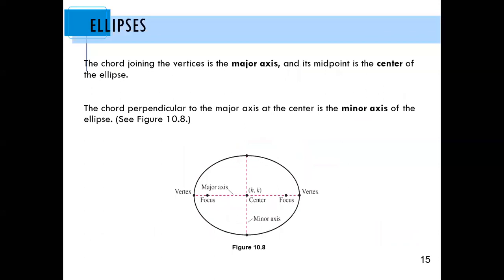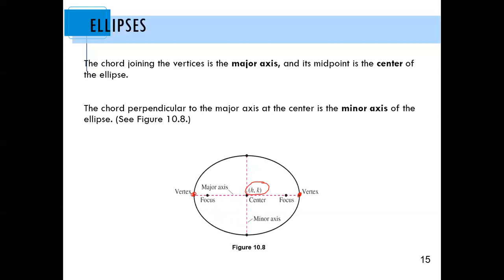Moving on. The chord joining the vertices, remember the vertices are the points on the ends here, is called the major axis. If you take the midpoint of the major axis, that is the center of the ellipse, and we actually give coordinates to that, h comma k, which we're going to reference later on.